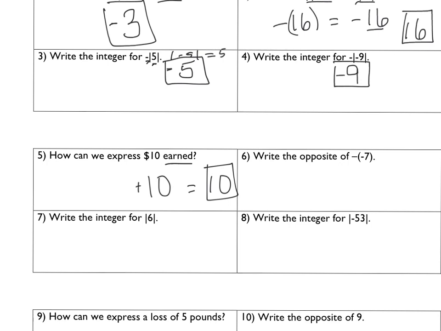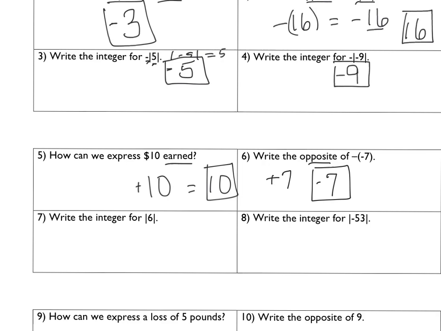Inside of the parentheses, we have a negative 7. And we know that negative 7 means a positive 7. However, we want the opposite of that. So the opposite of positive 7 is going to be negative 7, and that's our answer.